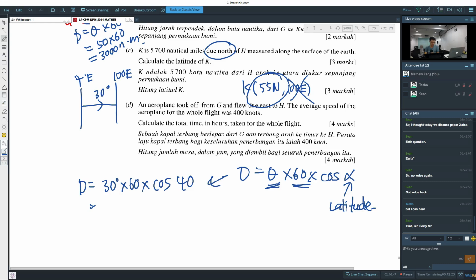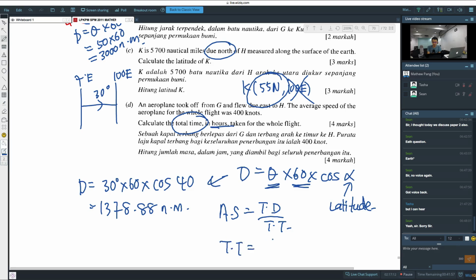Average speed equals total distance divided by total time, so total time is total distance over average speed. Total distance is 1378.88, average speed is 400. Divide by 400 and you get 3.45 hours. That's all. This should be the total time.